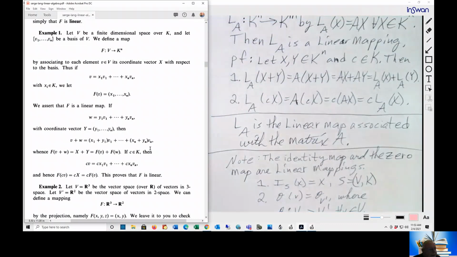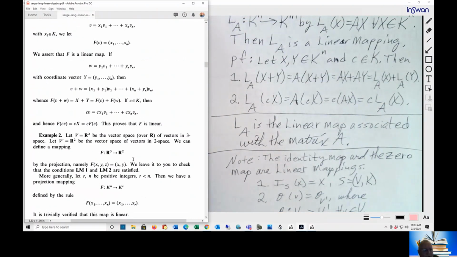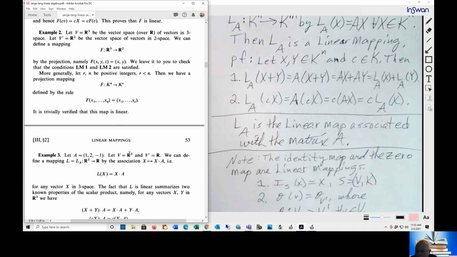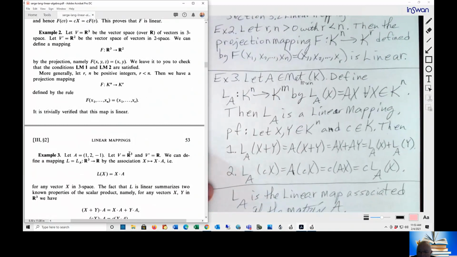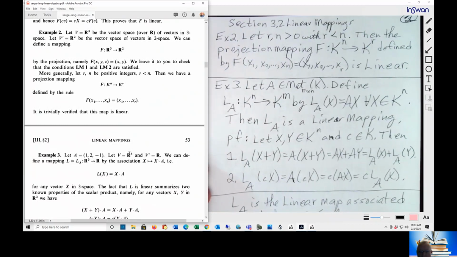Now next, we have another example with projection mappings. Projection mappings are linear maps. Say example 2, this is the generalized form of it. Let r and n be positive integers with r less than n. Then the projection mapping F that projects Kn onto Kr by f of x1, x2 to xn equals x1, x2 to xr is a linear mapping.